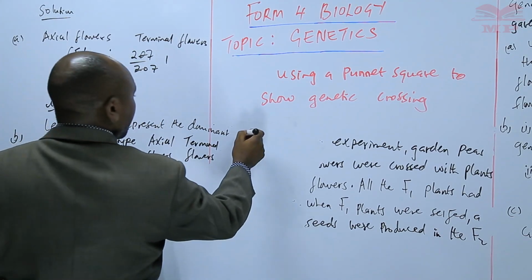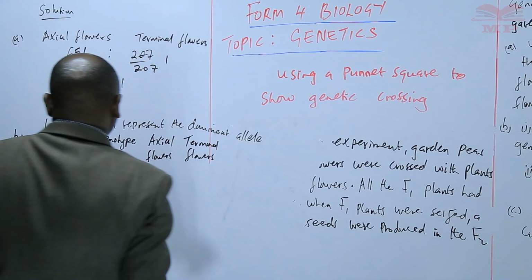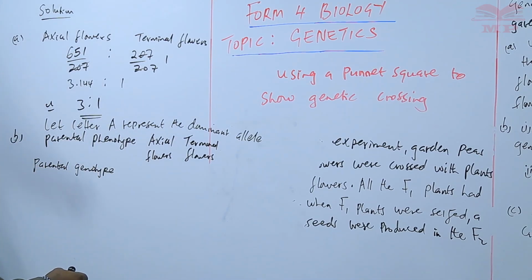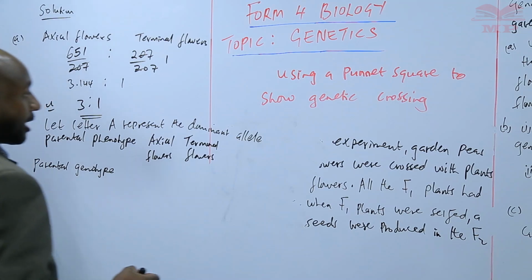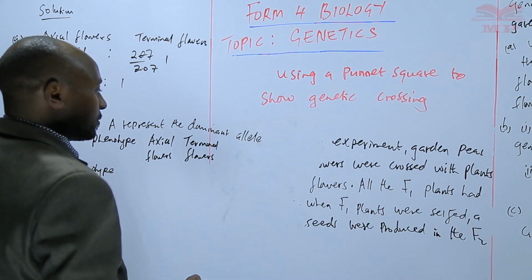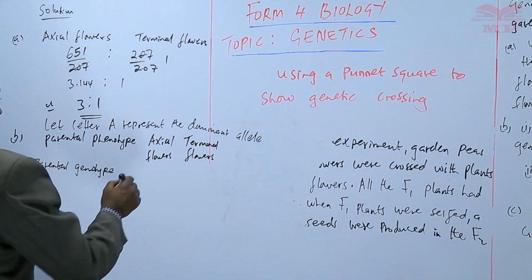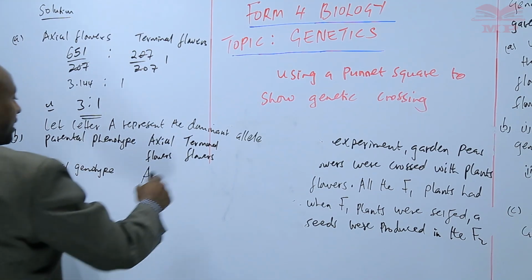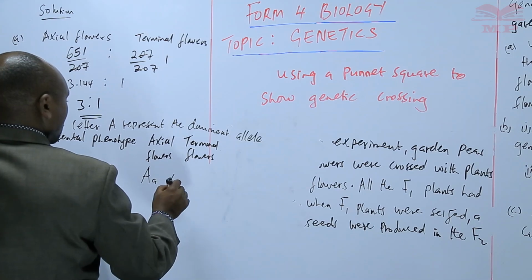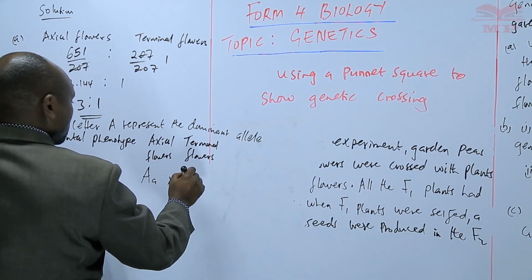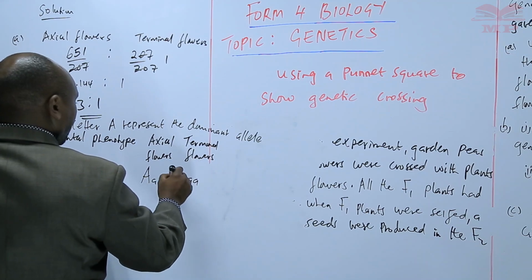So for axial flowers, we use capital A, small a, and the terminal ones, we use small a, small a.